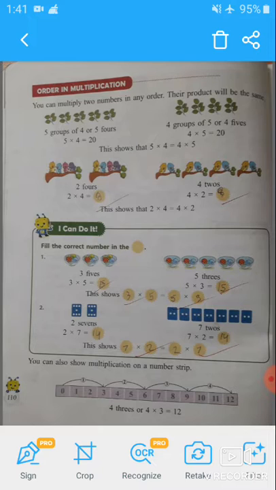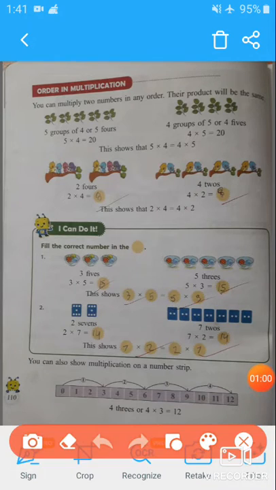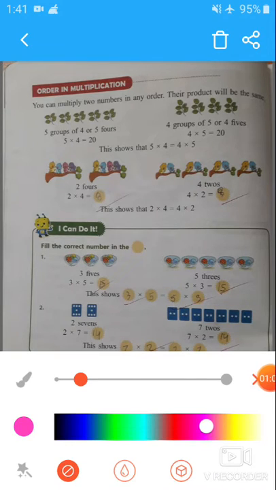Students, you can multiply two numbers in any order, so their product will be the same. For example, 5 groups of 4 or 5 fours. Look at these leaves.